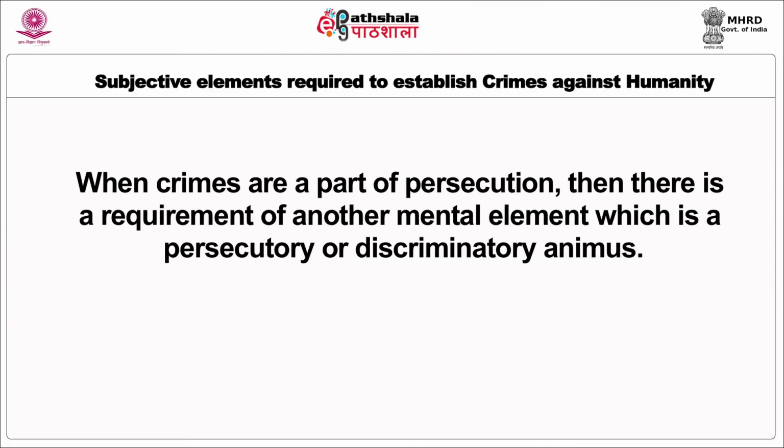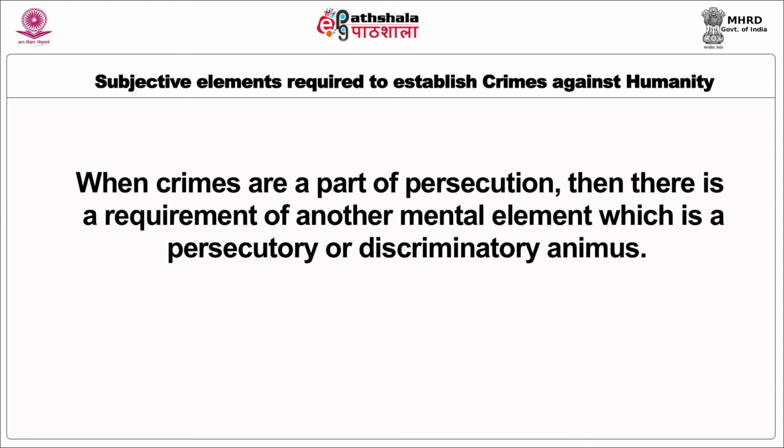When crimes are a part of persecution, then there is a requirement of another mental element, which is a persecutory or discriminatory animus. The intent must be to discriminate, harass, or ill-treat a person or a group of persons, or cause great suffering or injury to that person or groups of persons based on religious, political, or other grounds.